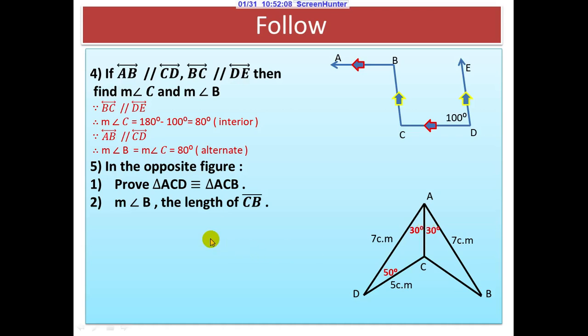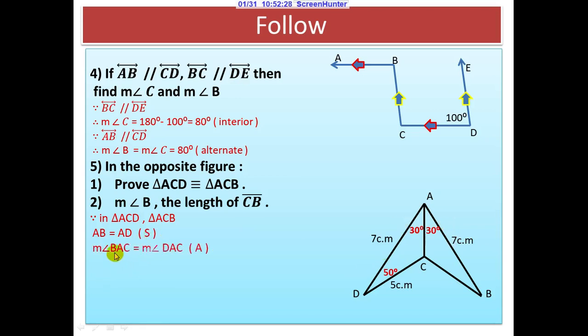How to write it in "since" and "therefore" like that? We must first write "since" in triangle ACD, compared to triangle ACB, and write the first one, AB equal AD. Number 2, this is the side.